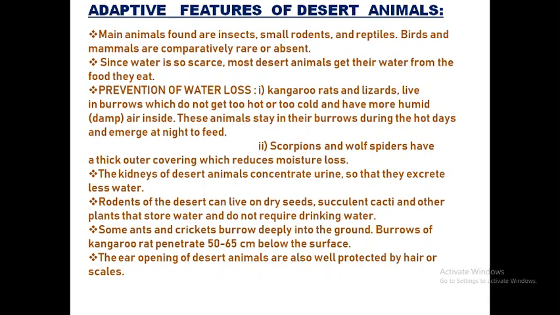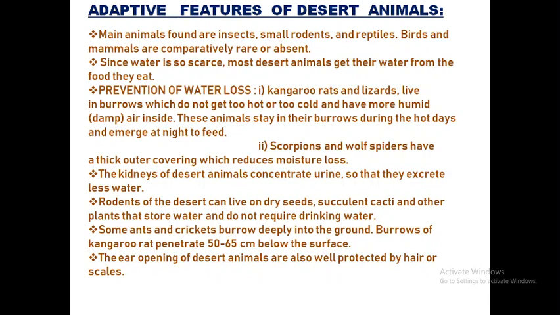Urination, you know, is a process by which a lot of water goes out of our body. So their excretory system is managed in such a manner that they excrete only a small amount of concentrated urine, so as to conserve water inside their body.